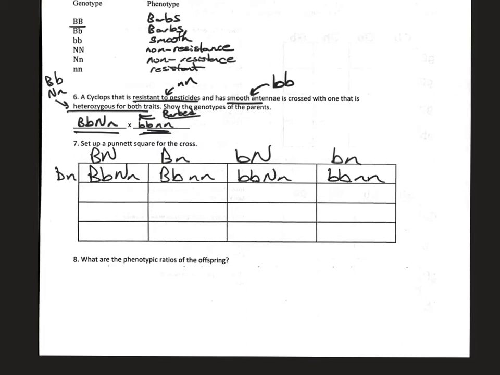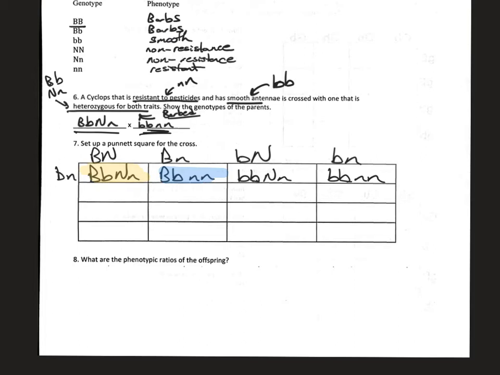What are the phenotypic ratios of the offspring? Well, let's take a look at it. This one's barbed and it's not resistant. This one is barbed but resistant.